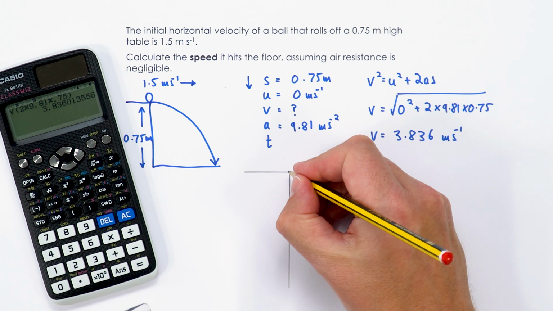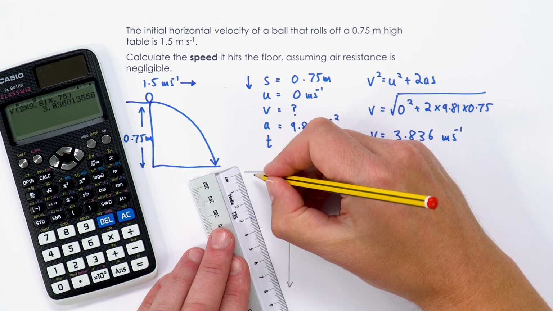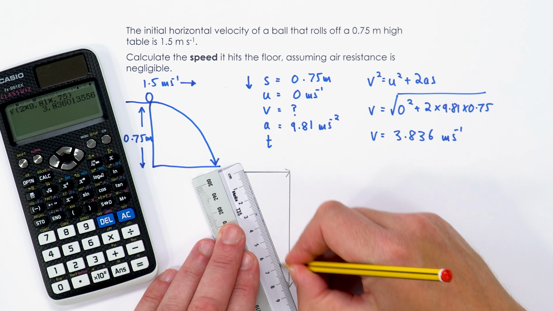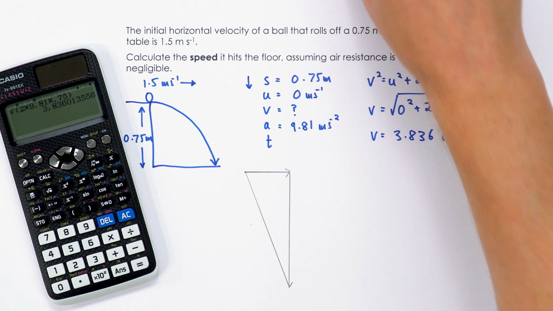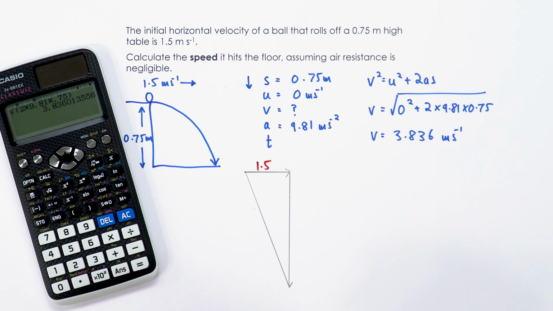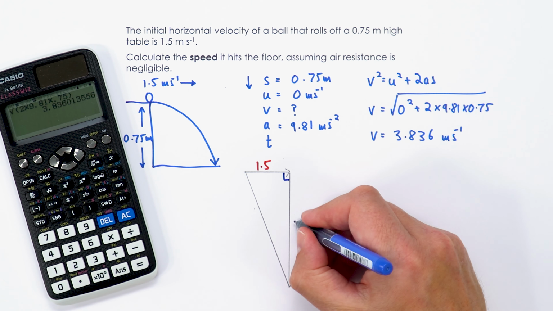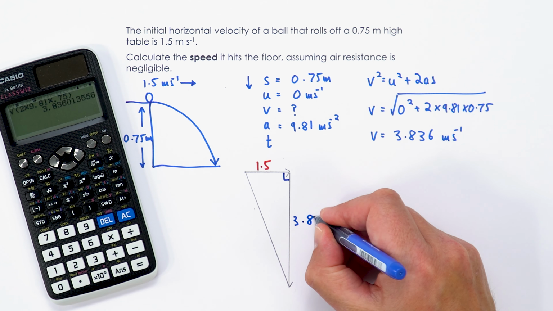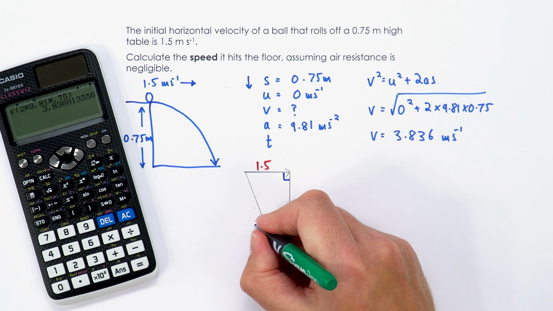Okay, so basically that's our horizontal and vertical components of velocity, and we want to find the size of the resultant of these two, which is going to be equal to its speed. So let me just label that on here. We've got 1.5 meters per second, we've got a right angle triangle, and vertically this is going to represent 3.836 meters per second, and we want to find this side over here, which is c.